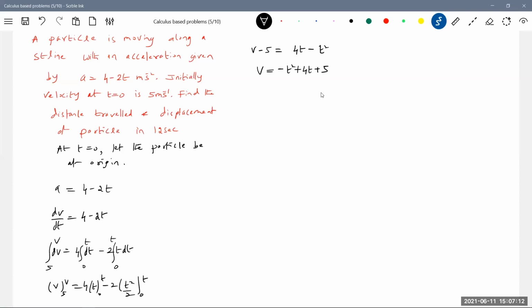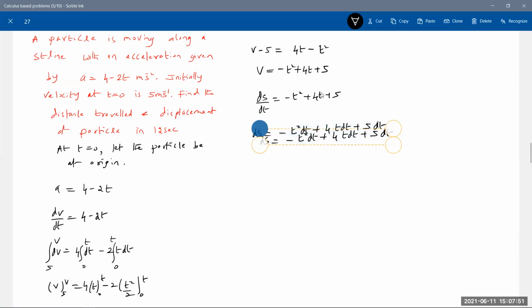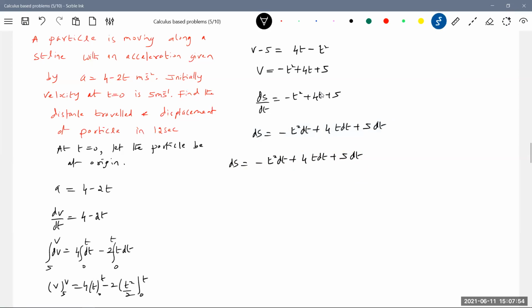Okay, we got the velocity now. To get the displacement, directly dx by dt, I'll write it. Next step, I'll add the limits.